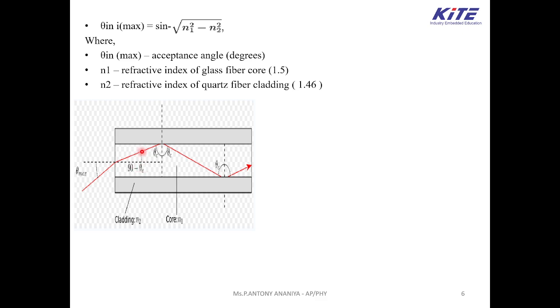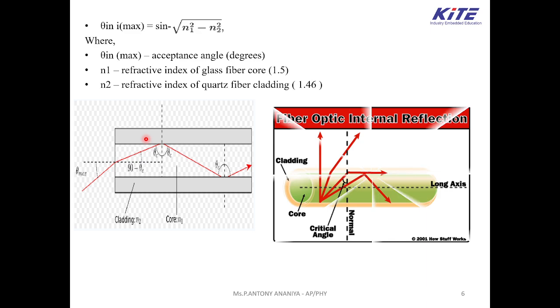So core is n1 and this one is n2. Another one is fiber optic internal reflection. Light incident from the core is reflected, called the reflected ray, and light traveling into the other medium is called the refracted ray. Next, NA is equal to the square root of n1 squared minus n2 squared. This is called numerical aperture.